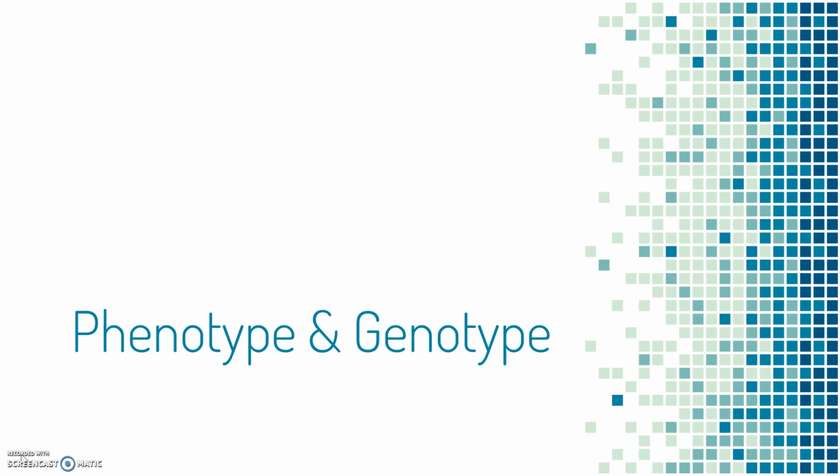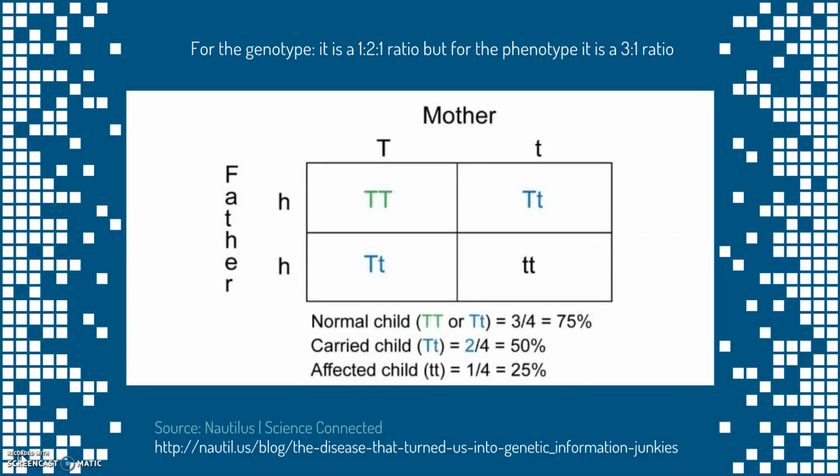The genotypic ratio is 1 to 2 to 1, meaning that you have a 25% chance of having a normal child, a 50% chance of having a carrier child, and a 25% chance of having an affected child. This means that the 1 is the 2 big T's, the 2 is a big T little t, and the 1 is 2 little t's. The phenotype is a 3 to 1 ratio, meaning you have a 75% chance of having an unaffected child and a 25% chance of having an affected child.